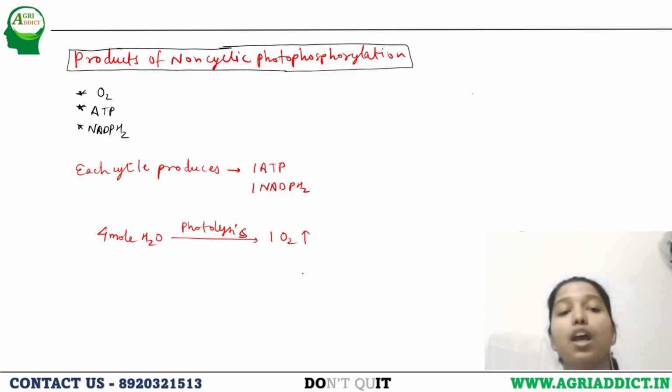Next, we have to know what products are formed in non-cyclic photophosphorylation.